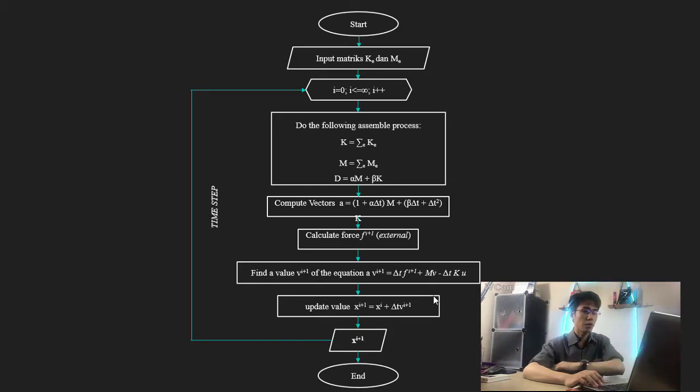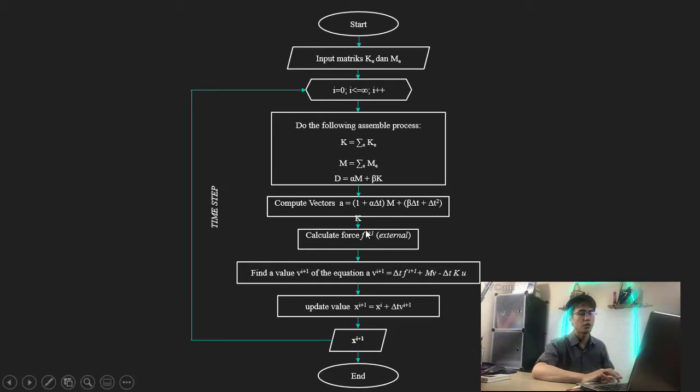Next, we iterate until some value. Then we follow the assembly process, with some formulas and functions here, and after that we compute the acceleration vector using this, as you can see in the slide.